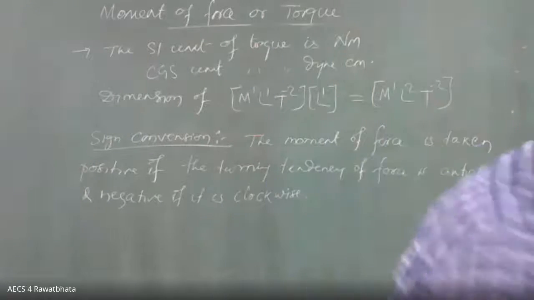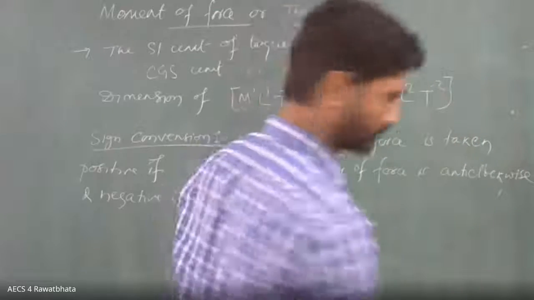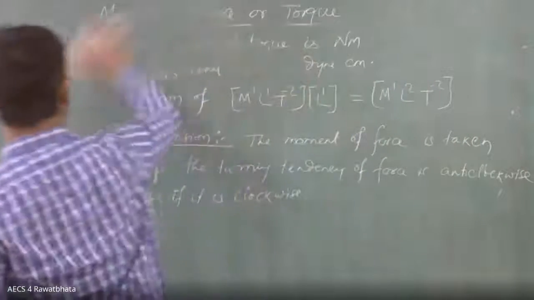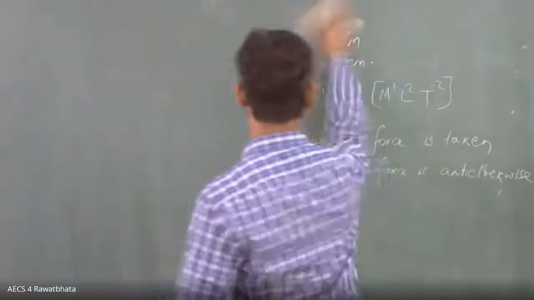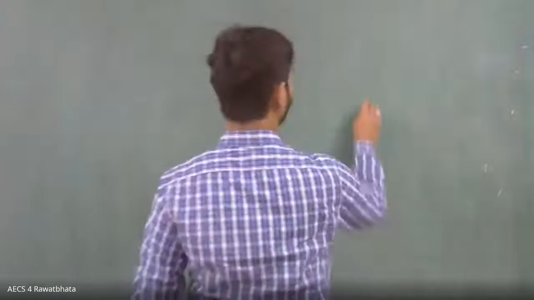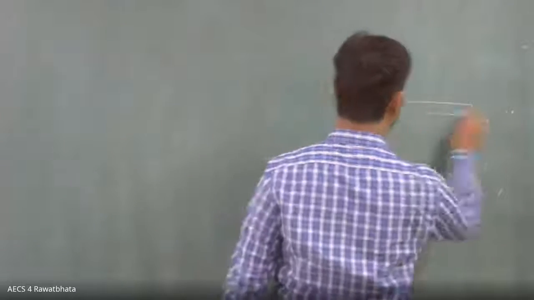Now come to the next one, that is the principle of moments. What is the principle of moments? Let us see. You must have seen this weight balance. Just a normal one I will draw here.